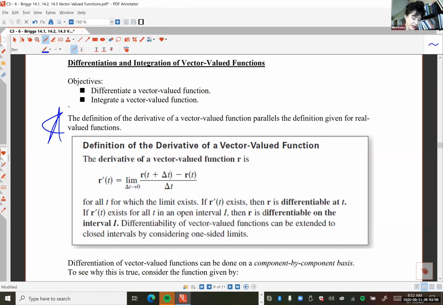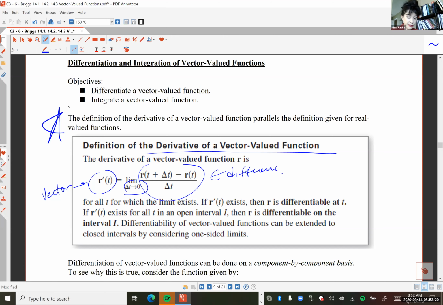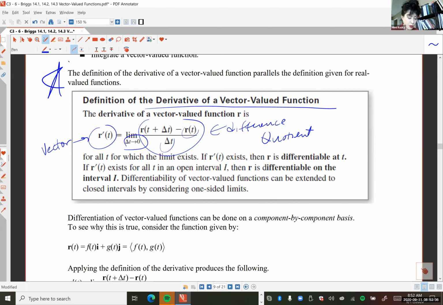The derivative of a vector valued function, r prime of t, which itself is a vector, is the limit as delta t goes to 0 of what is known as a difference quotient: the vector valued function evaluated at t plus a tiny delta t, minus r of t, all over delta t. Then you take the limit as delta t gets squeezed down to 0. Of course, that assumes the limit exists, because it might not.